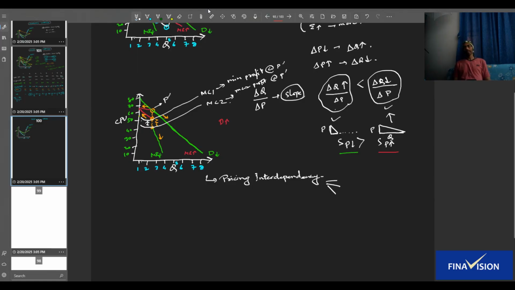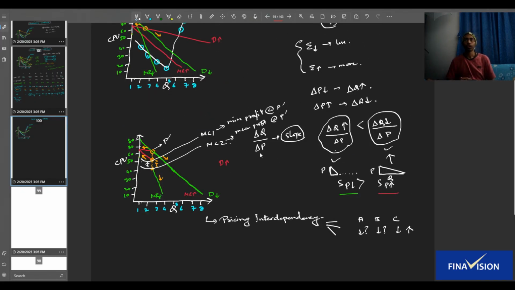So let's say there is player A, player B, player C, they will reduce prices imitating the other. When the other reduces prices, they will also reduce price. But let's say one of them increases the price, the others may not increase the price. So this is the postulate of pricing interdependency, right?